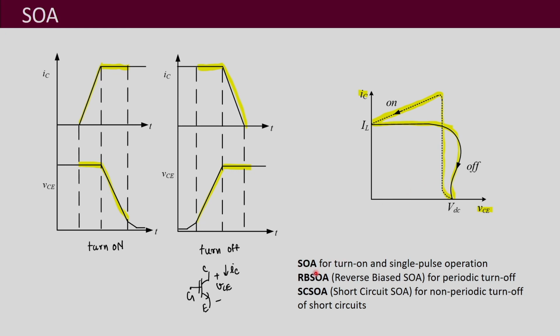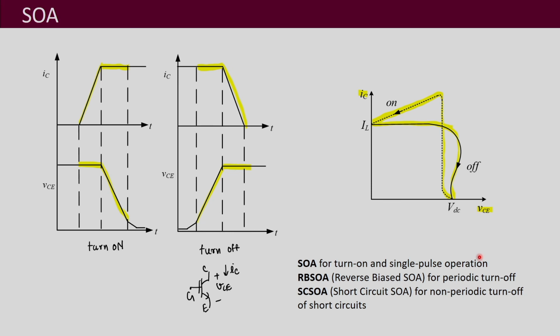For MOSFETs we saw only one SOA diagram, but for IGBTs there are different SOA diagrams which are provided. The first one is the simple one, SOA for turn on and single pulse operation.